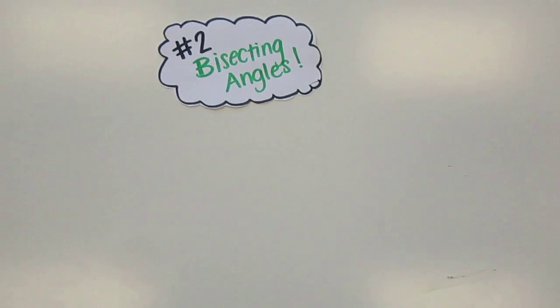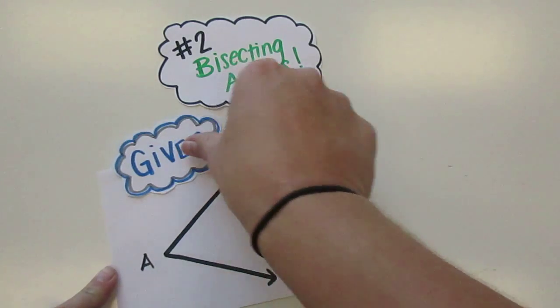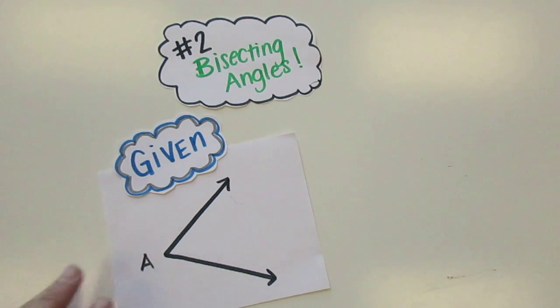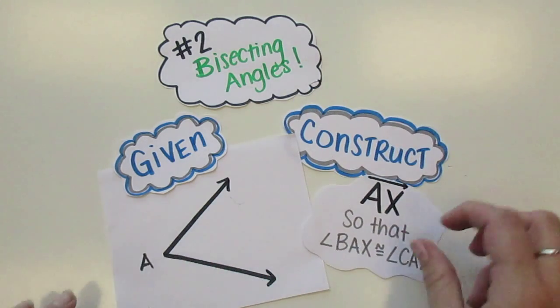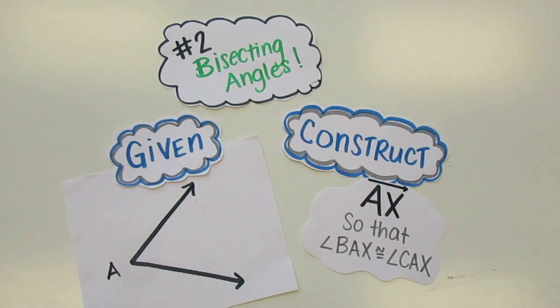Now the second construction that we're going to do is constructing bisecting angles. To do that, again, we're going to be given our angle A. This time though, we are constructing a ray, AX, so that the angle BAX is congruent to the angle CAX.